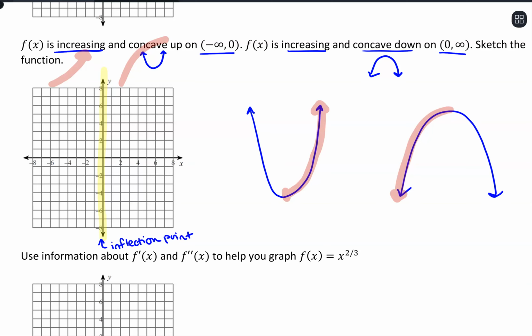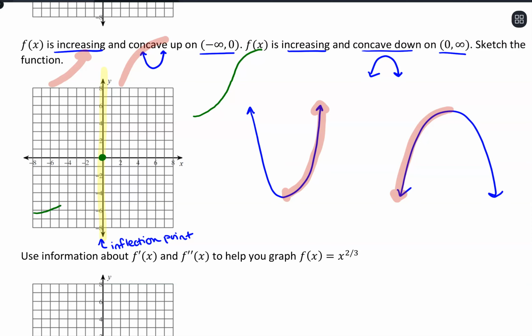So we're switching concavity. What it's going to look like when I connect these two graphs together is something like this, where it's curving up and increasing, and still increasing, but starts curving down. And that's the only behavior that we have. I'm just going to go ahead and have the inflection point at the origin. It's not so easy to see there.